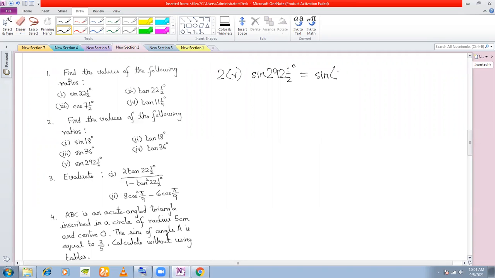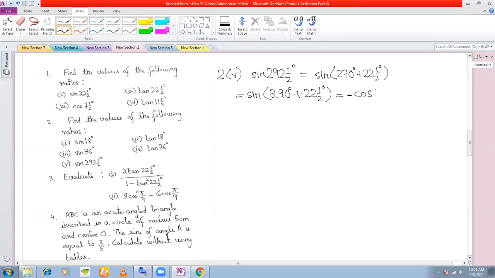You can write this as 270 degree plus 22.5 degree, which can also be written as sine of 3 into 90 degree plus 22.5 degree, which can also be written as, now because it's an odd multiple, the sine will change to cos. Now we have to see which quadrant this is in.